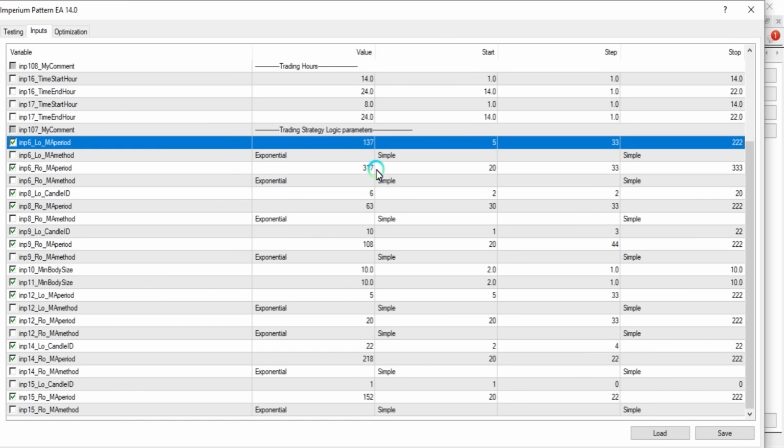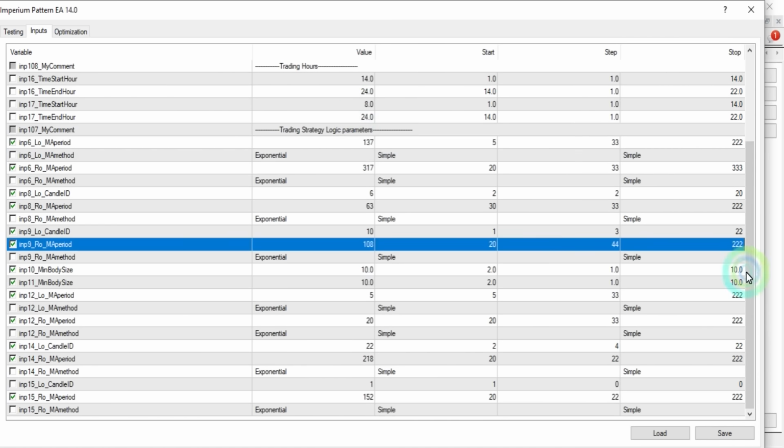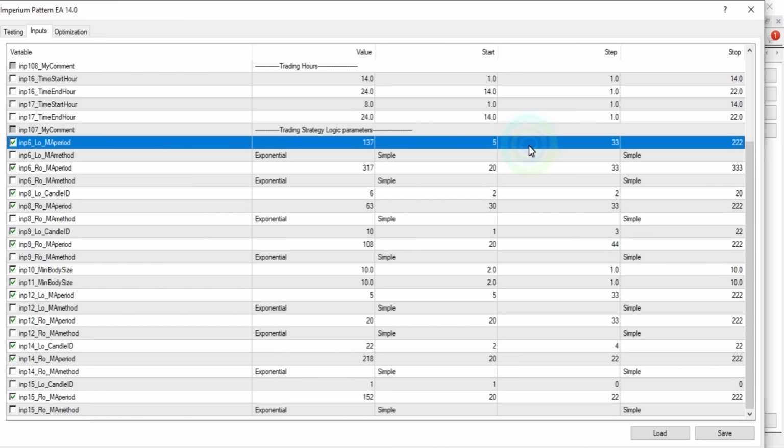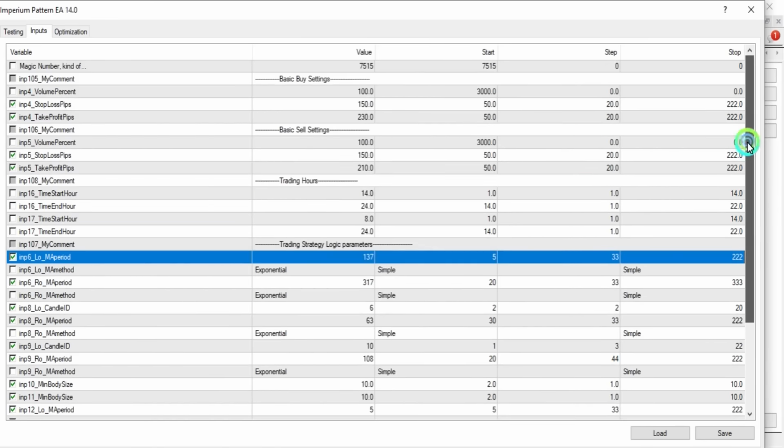But if you are just a beginner trader who is starting out in trading, I don't really recommend for you to adjust these parameters because these are for the core logic of the EA, for the entry and exit rules.